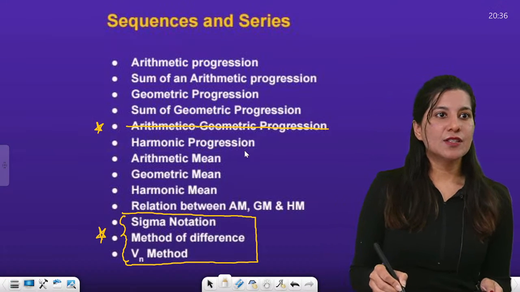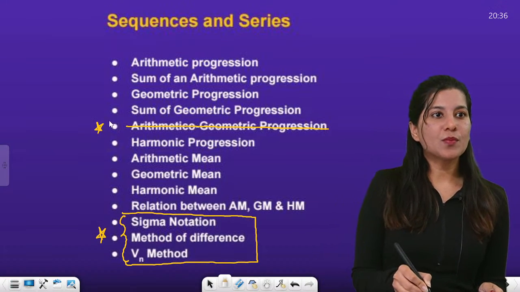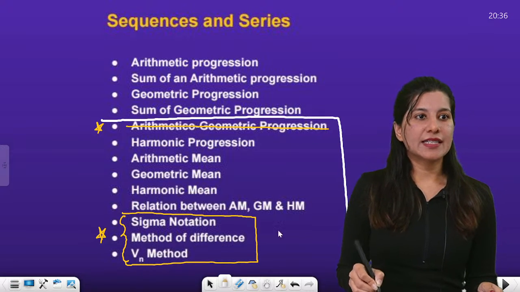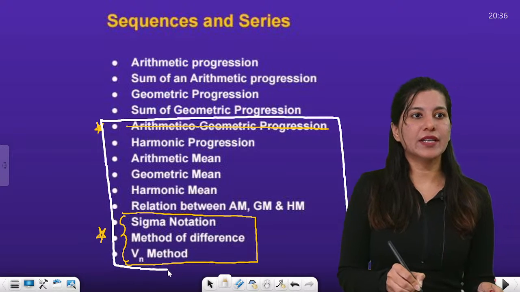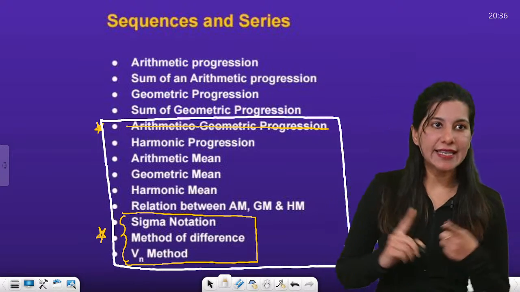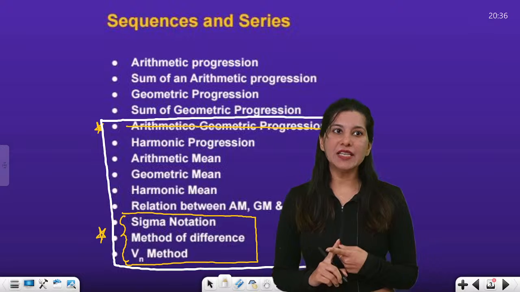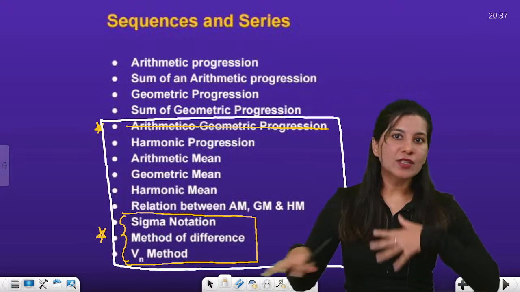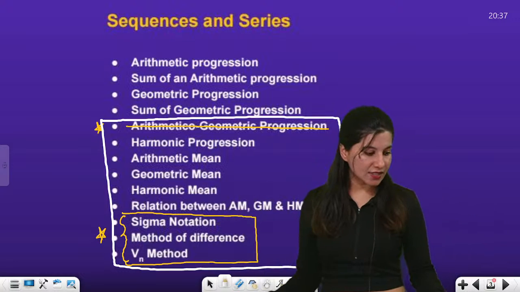So arithmetic or geometric progression, this part is remaining actually. So we'll be discussing AGP and HP, फिर AM, GM, HM, relation between AM, GM, HM, and then all the series related stuff in the next session.